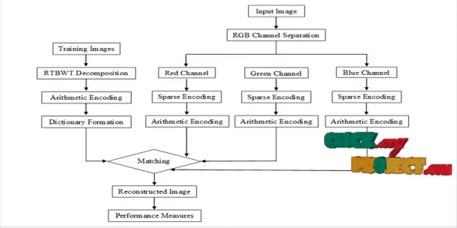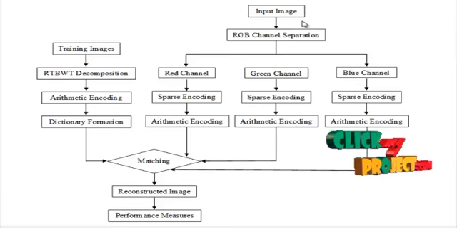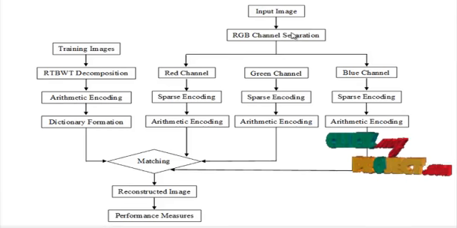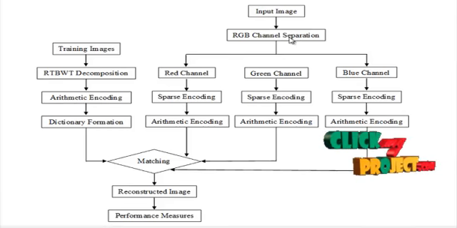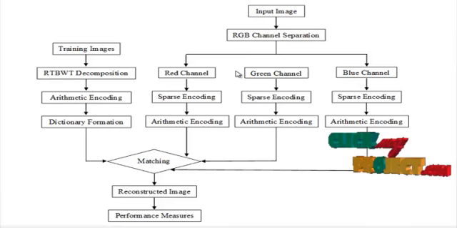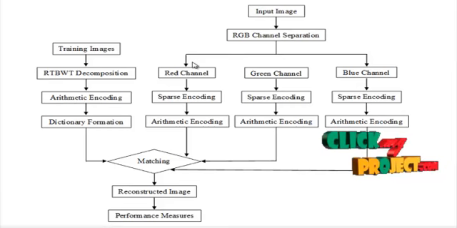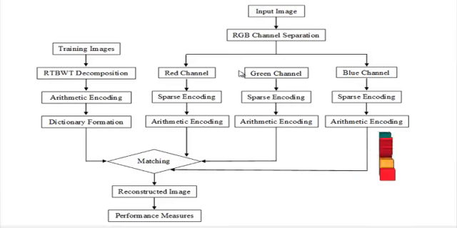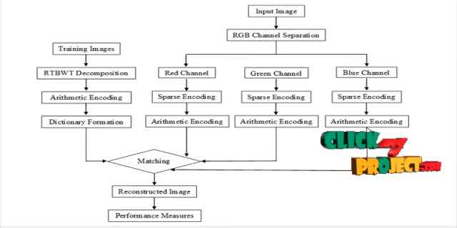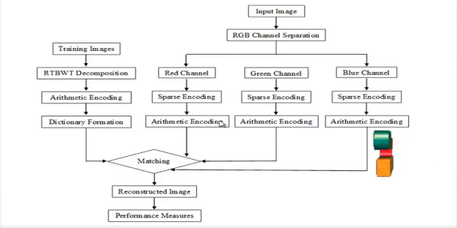First, the input images were selected. Since we select color images, the RGB channels were separated, and for each channel the compression process is employed. So first, for each channel, the sparse encoding and arithmetic encoding processes were done.